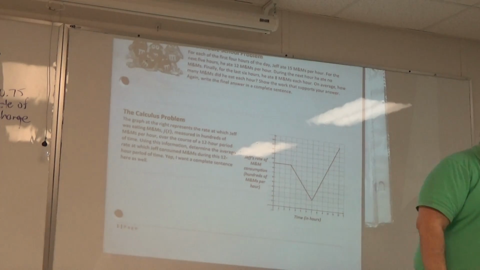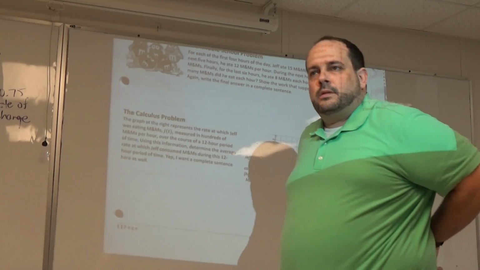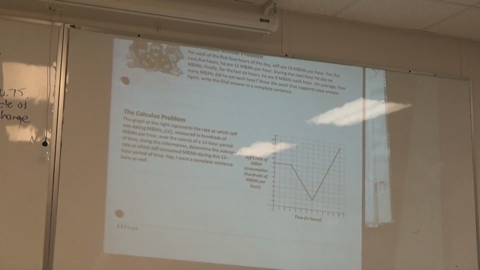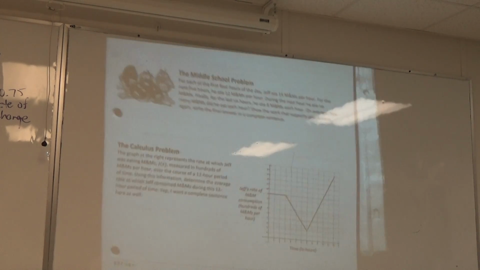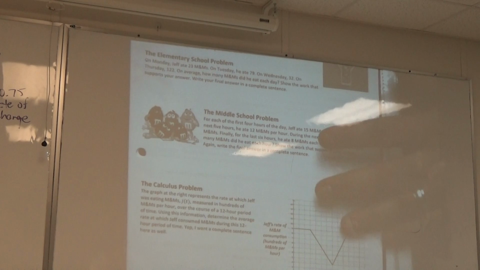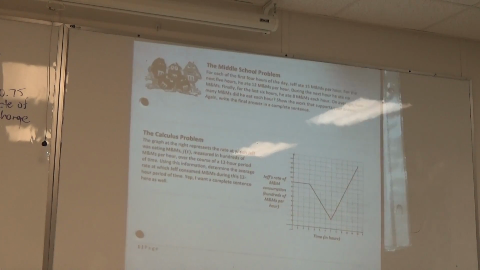Don't talk to me, talk to your neighbor. What are you gonna do about this? I want the average number of M&Ms. Trust the instincts. Do you divide that by the 12-hour period? So we know it's from 0 to 12, right? Rate times time. How many M&Ms? Can we just get the equation from the graph?